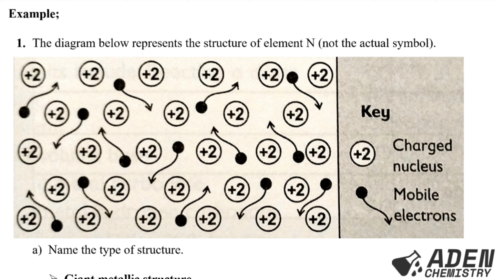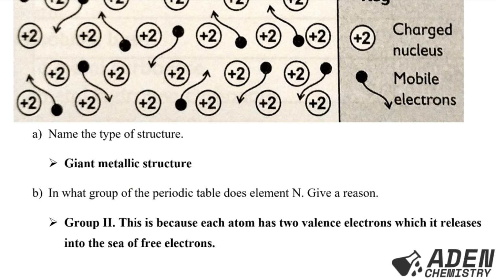The first question we're asked is to name the type of structure. We have not been told to name the type of bonding. If they had asked us the type of bonding, we could have said metallic bonding. Then they have asked us to name the type of structure. This type of structure is known as a giant metallic structure.